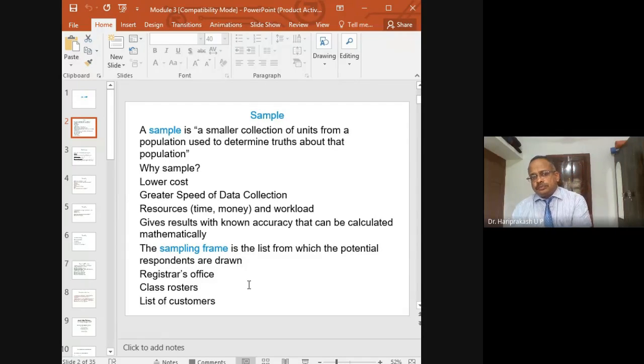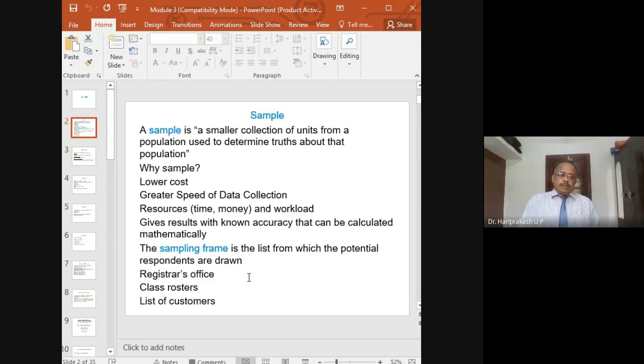So if you want to define what is sampling or what is sample, a sample is a smaller collection of units from a population used to determine truths about the population. So as we have defined here, a sample is a small collection of units from the population.